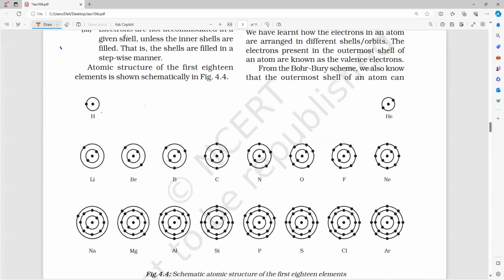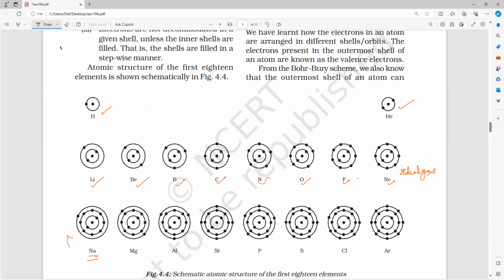Now what is this name? Everybody tell me. Hydrogen, helium, lithium, beryllium, boron, carbon, nitrogen, oxygen, fluorine, neon. Neon is what kind of gas? Noble gas, or inert gas.